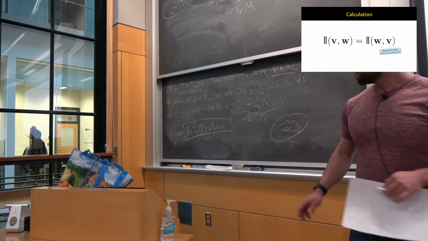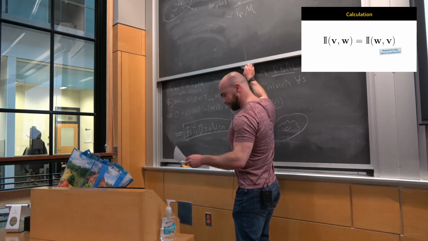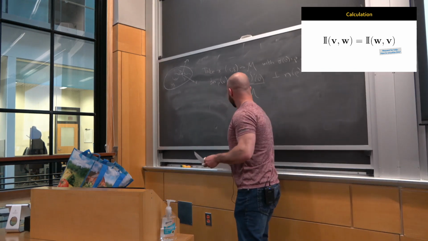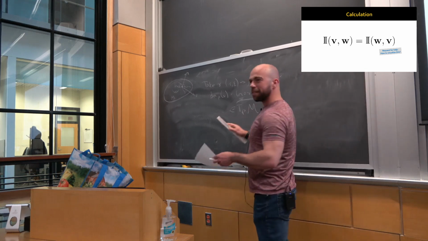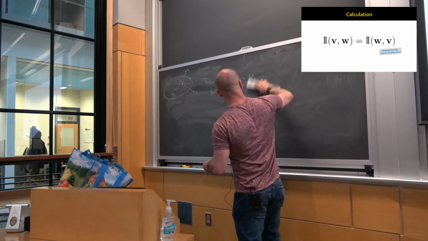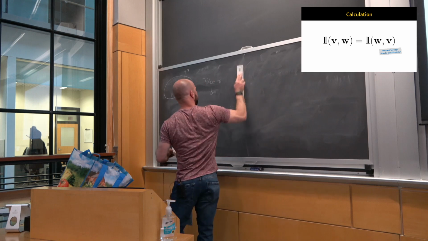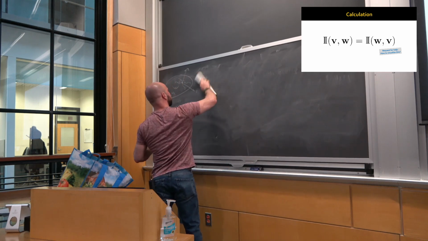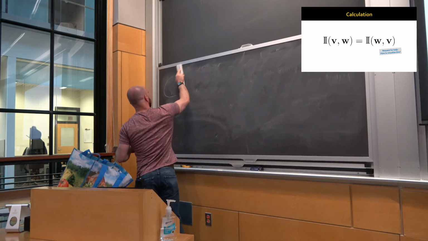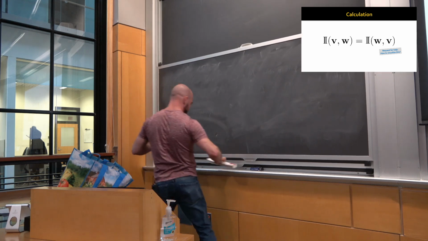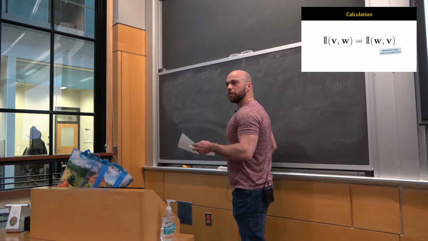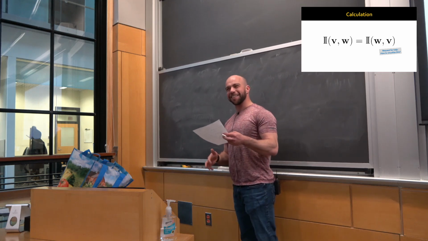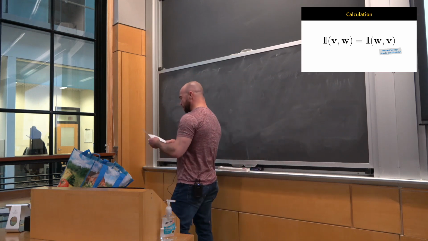Okay, so let's do the calculation. It's going to basically boil down to equality of mixed partials, which is also a fact that I struggle to illustrate. We're going to argue this in the most straightforward and least intuitive fashion possible, namely, we're going to use a parametrization.